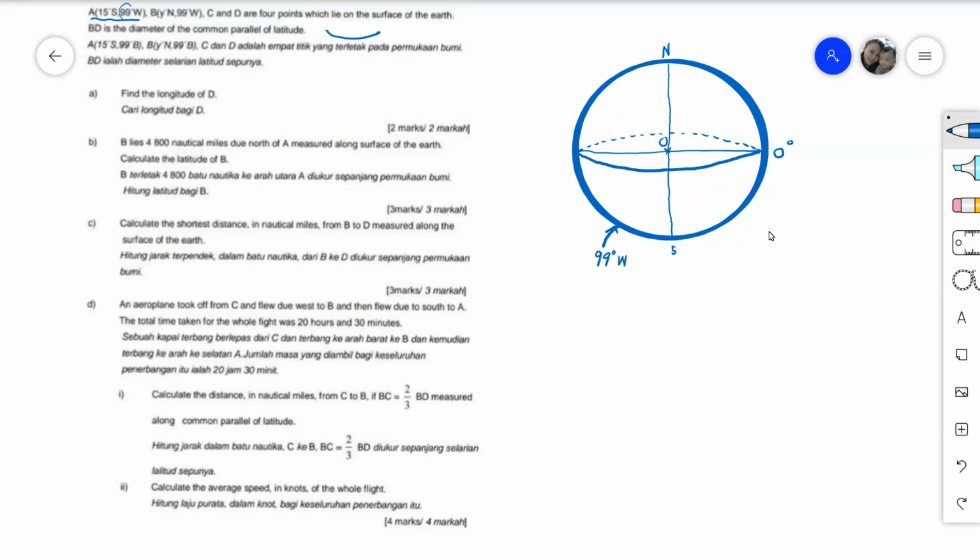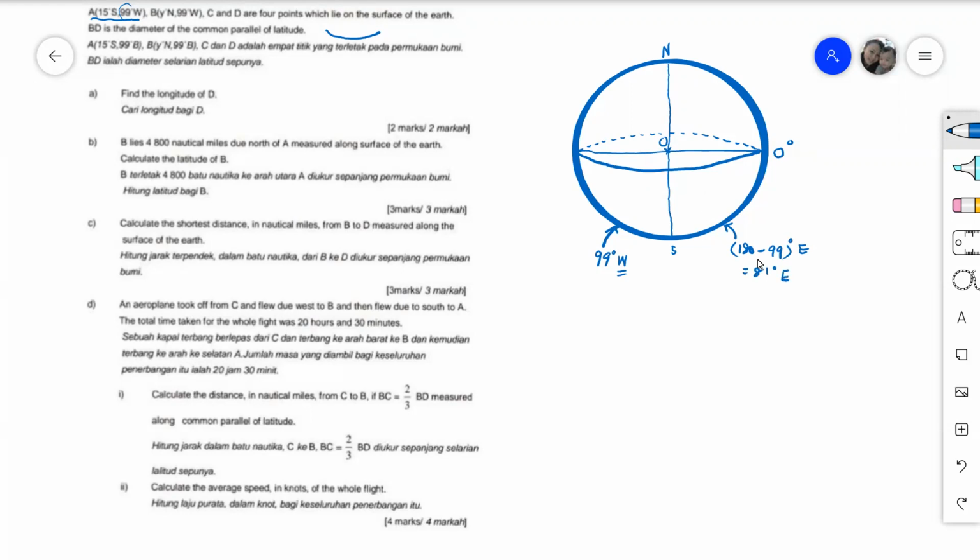And therefore, the opposite line, which is 180 degree apart, will be, now always take 180 minus 99. And if this is west, this must be east. This is actually a formula. The relationship between the two longitudes is like this. All right, so over here we have 81 degree east.